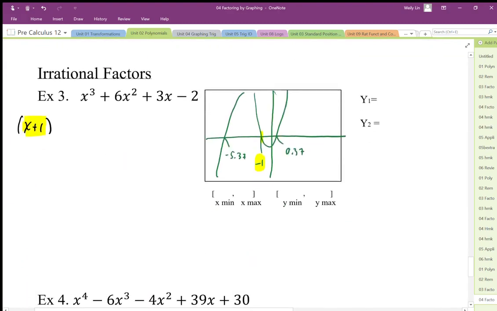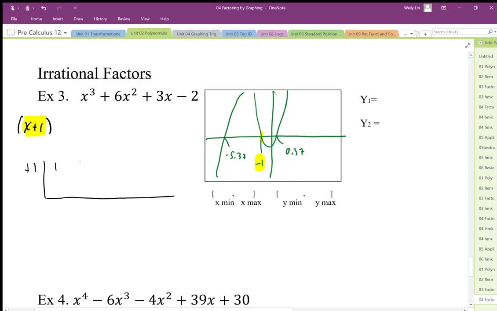So first of all, we need to recognize I've got a real factor, but these are irrational, and these two go in a pair, and I need to come up with a quadratic factor for that. Okay, so to find the quadratic factor, I divide, just like I did last time.